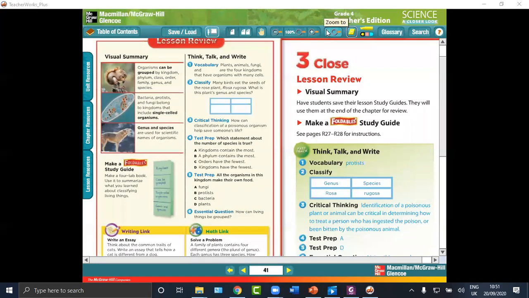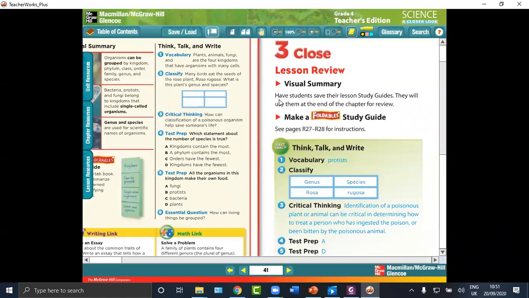How can classification of a poisonous organism help save someone's life?